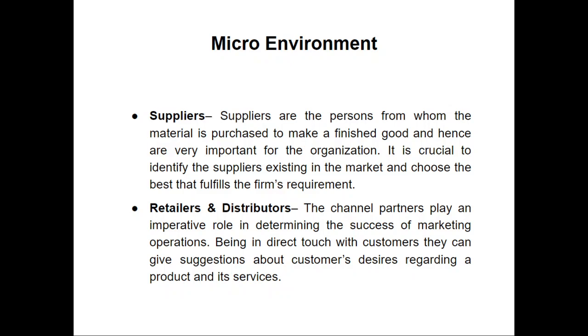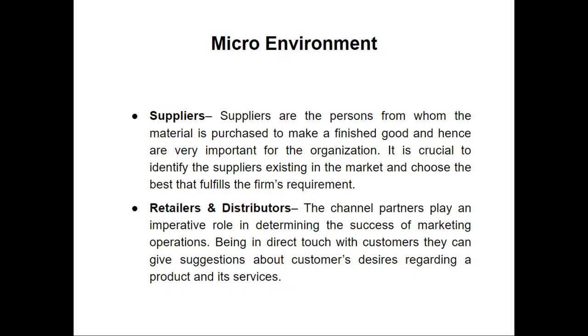It is crucial to identify the suppliers existing in the market and choose the best that fulfills the firm's requirement. The company has to find who is the best supplier in the market, and he has to supply the right kind of quality, the right kind of quantity, and the right raw materials at the right time.